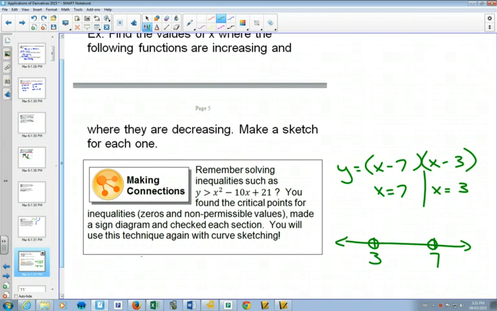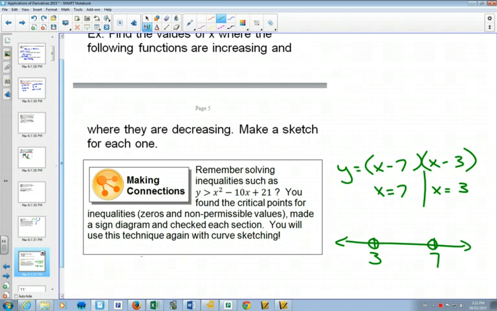So when I check a number less than 3, like 0, and I plug that into my equation, I'm going to have negative 7 times negative 3, which is positive 21. Usually we had a 0 in there to find out where the function is positive or negative, and then you would put a true or false into that section.